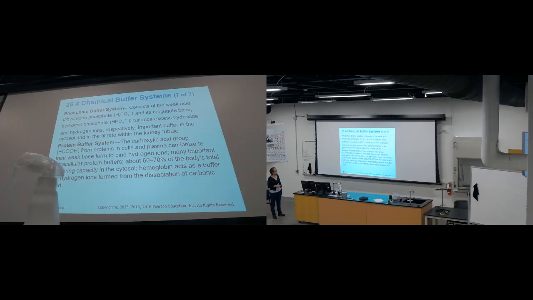This balances excess of hydroxide and hydrogen ions, respectively. So this one balances excess of hydroxide ions, or OH, while this one balances excess of hydrogen ions. This is found in the cytosol, so it is an intracellular buffer. It is also found within the filtrate, within the kidney tubules.